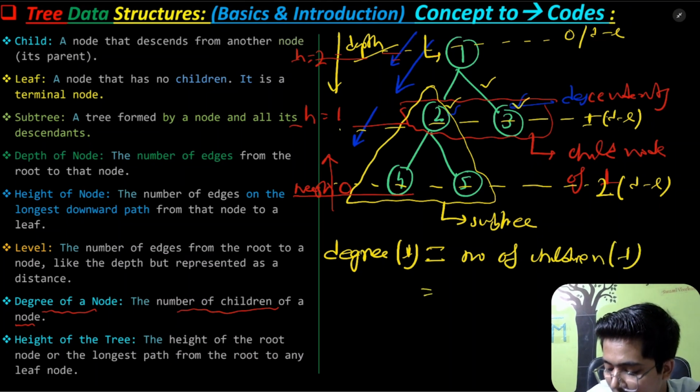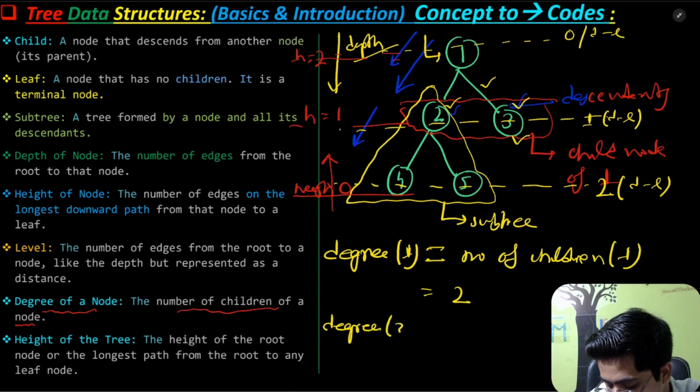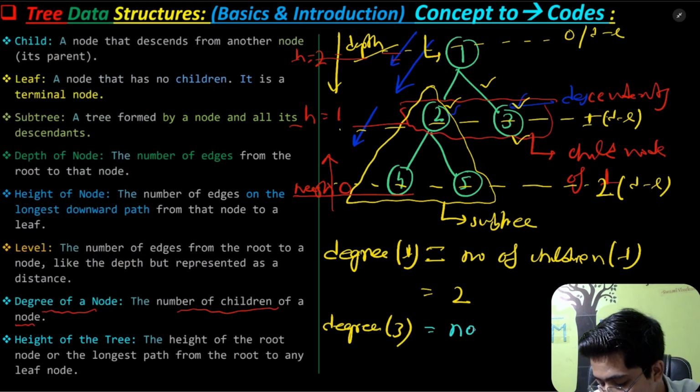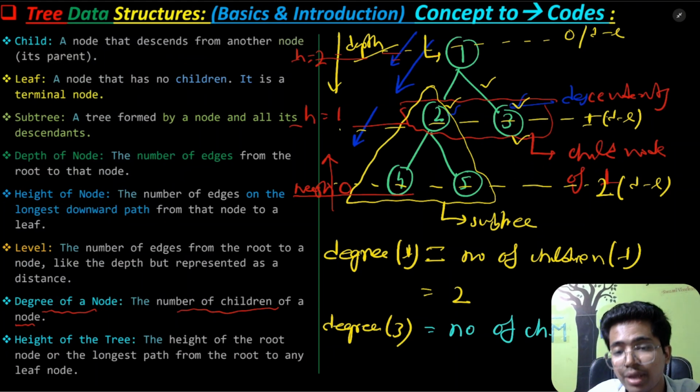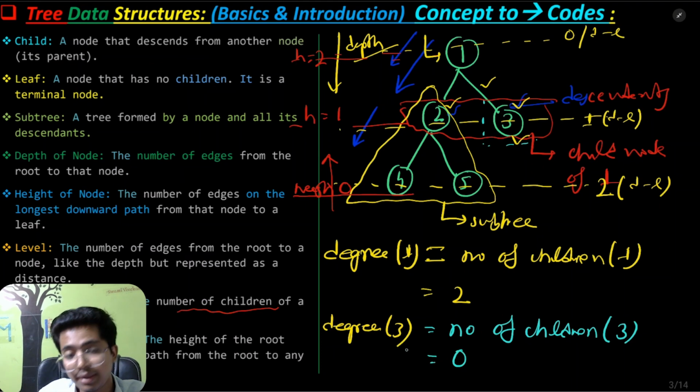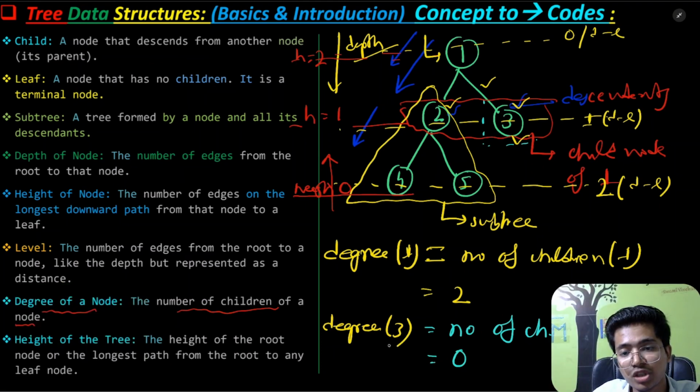One child, two children, so the degree will be 2. The degree of 3 equals the number of children of 3. How many children does 3 have? 3 does not have any children, so the degree is 0. That means the degree is nothing but the number of children.